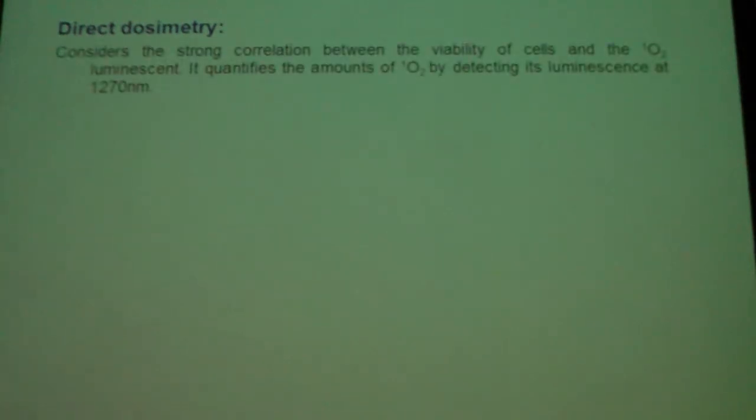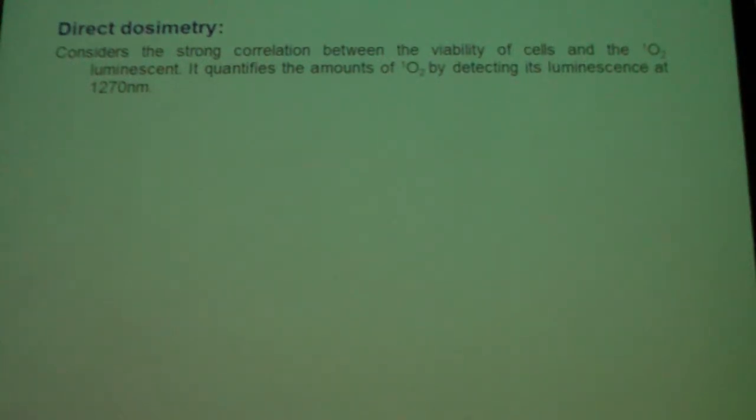But how do we do this dosimetry, or this optimization? Nowadays, there are several methods for dosimetry. The first one is direct dosimetry, which considers the very strong correlation between the generation of reactive oxygen species and photodynamic efficacy.